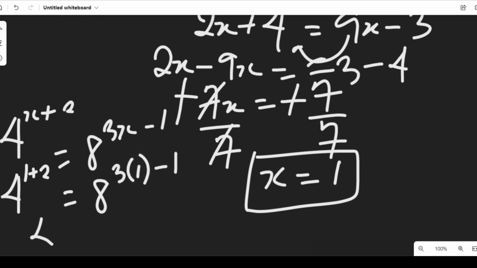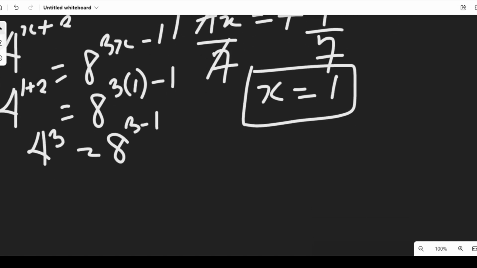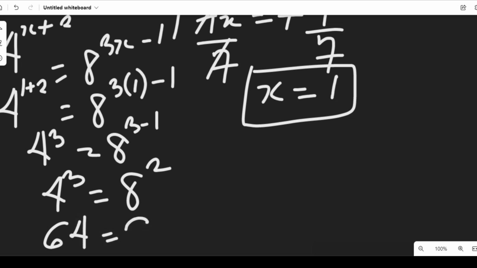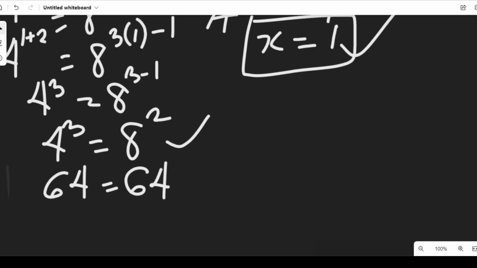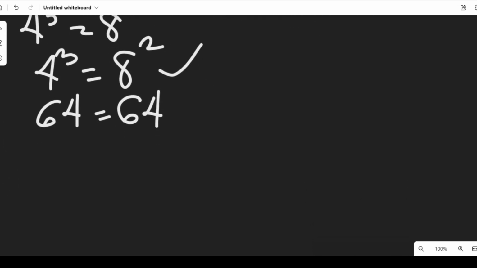So this will give us 4 raised to power 3 equal to 8 raised to power 3 minus 1, which gives 4 raised to power 3 equal to 8 raised to power 2. So we see it's equal. 4 raised to power 3 is 64, and 8 raised to power 2 is 64. So that shows that x is indeed 1. So you see, in many instances, you don't need to apply the logarithm.